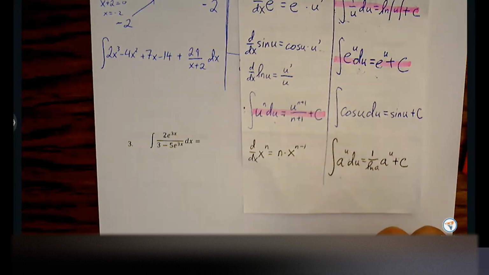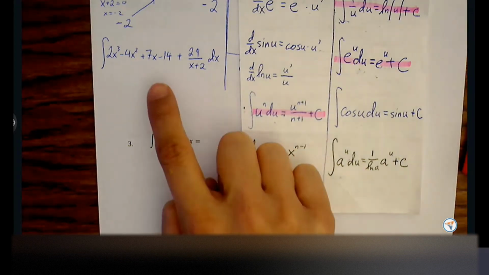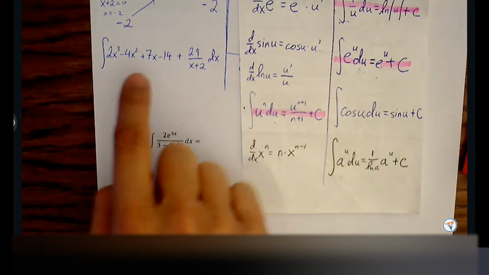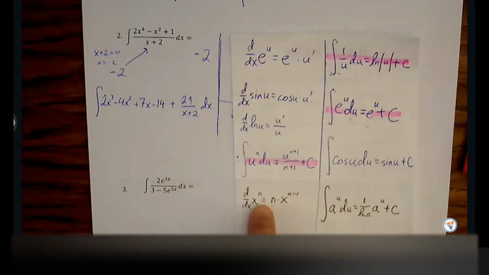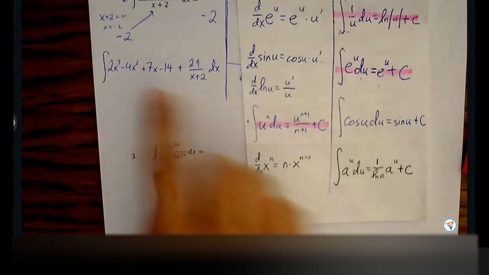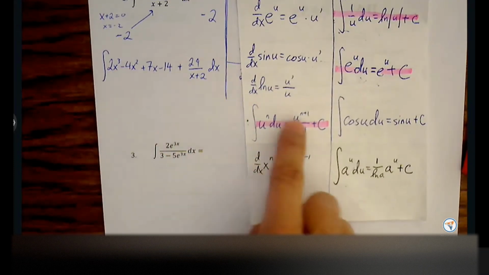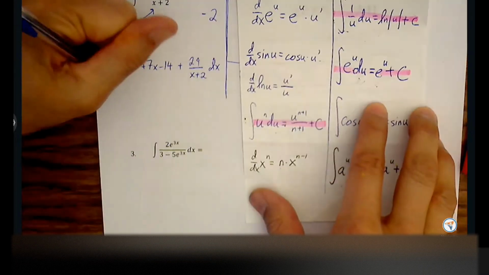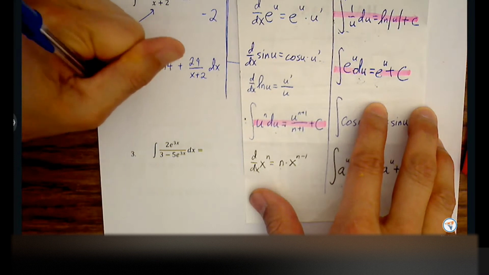Would it be 6x to the fourth? That would be the derivative. So let me start you off. For the first term, we add 1 to the exponent, so it becomes 2x to the 4th over 4.